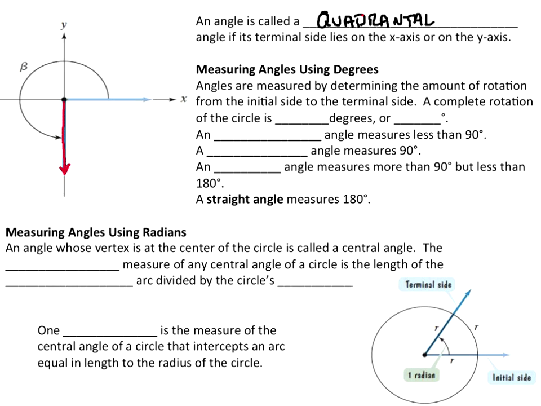The axes form those quadrants by splitting that plane into 4 equal pieces, which is a little strange to think about since they're infinite. Like, how can you split infinity? But for our purposes, those axes break the plane into 4 pieces or quadrants. So that's the association that we can make with a quadrantal angle.